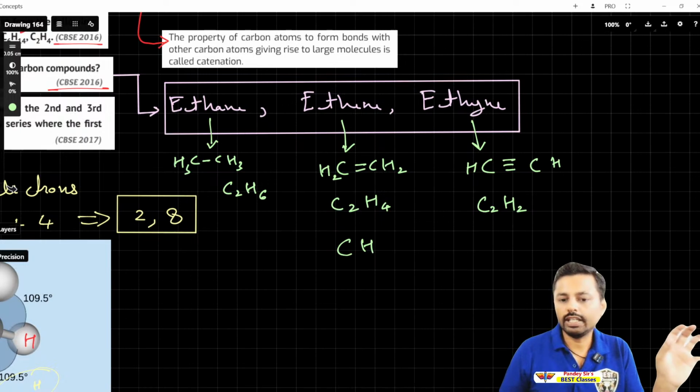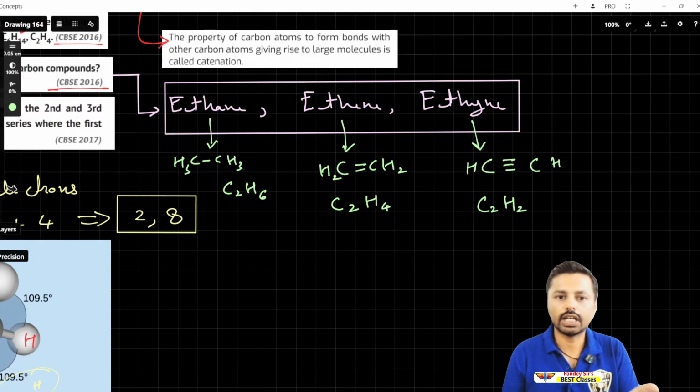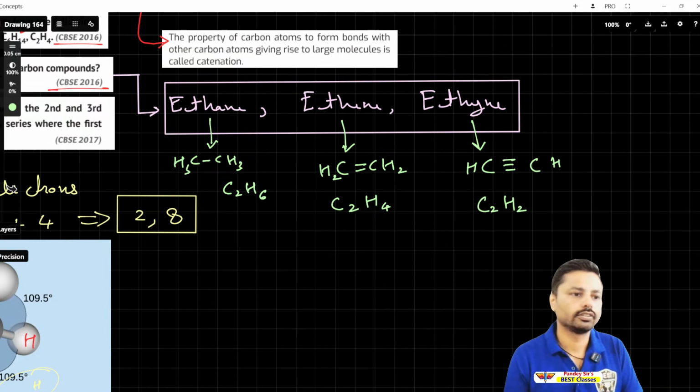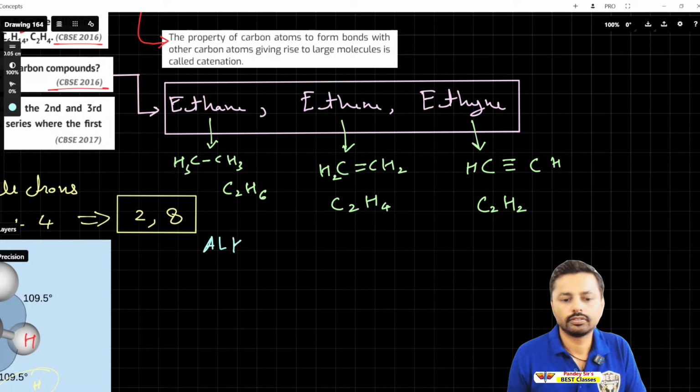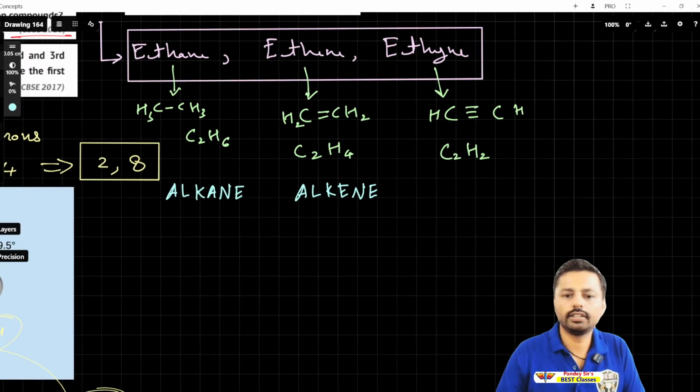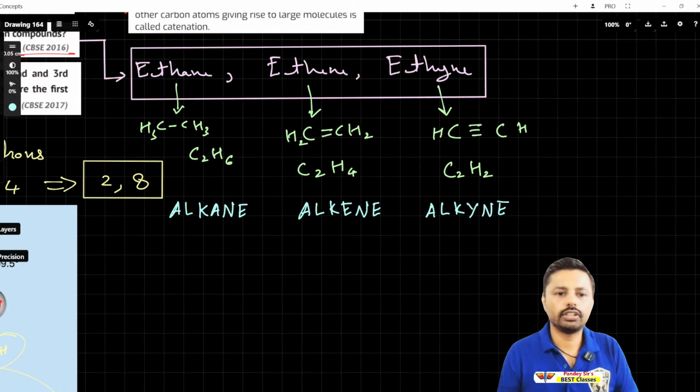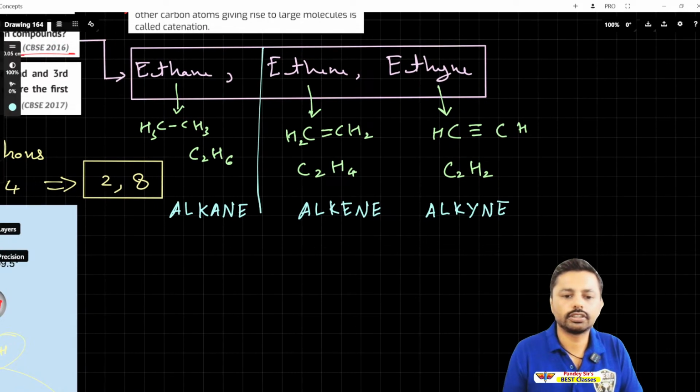So the names of their families, the surnames, are alkane, alkene, and alkyne. Take a screenshot so that you will never get confused and you will always understand this.